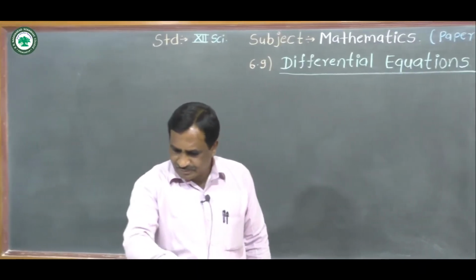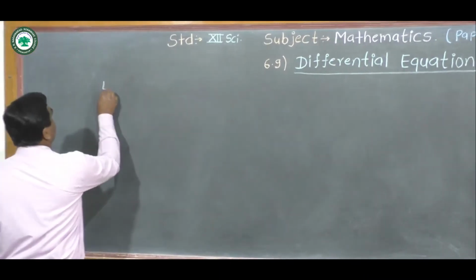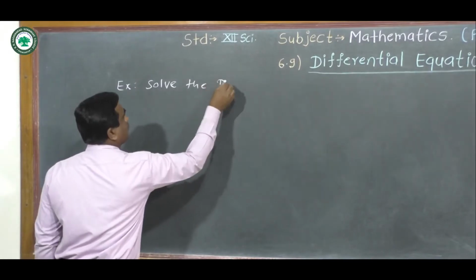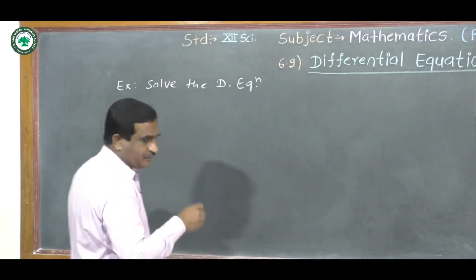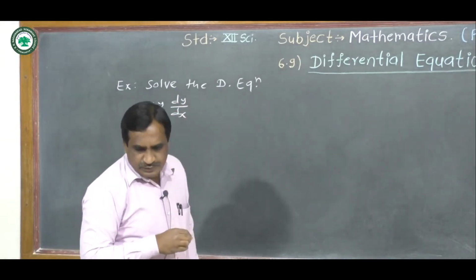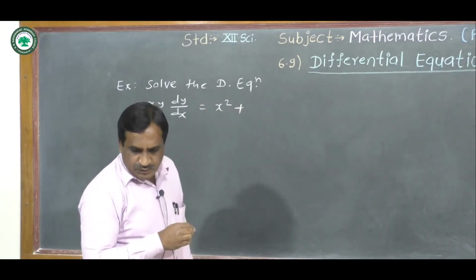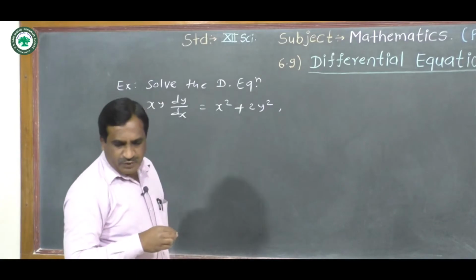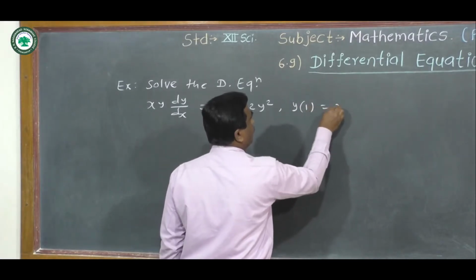Now the first example is: solve the differential equation x into y into dy by dx equal to x square plus 2 into y square, where we are given the values of x and y: y of 1 is equal to 0.